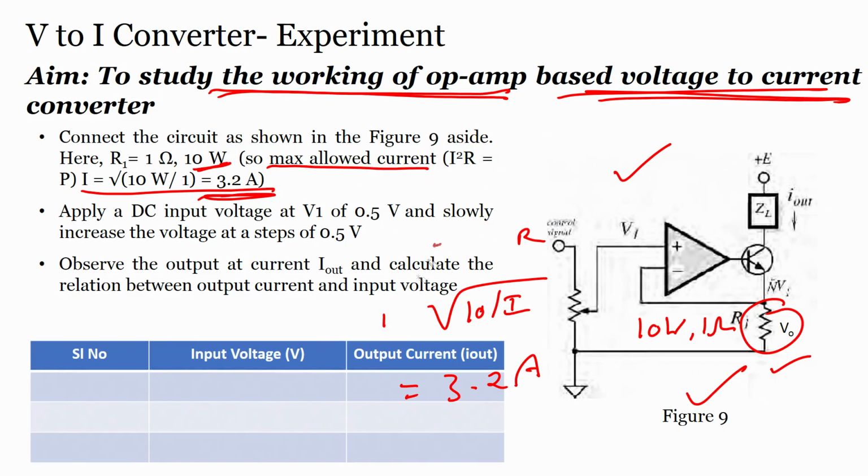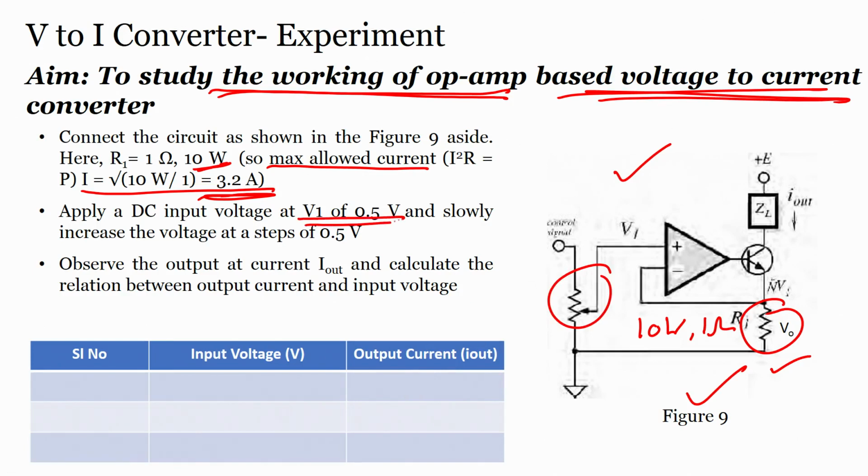Now, next, apply a DC input voltage from here, of 0.5 volt, and slowly increase the voltage with a step size of 0.5 volts.